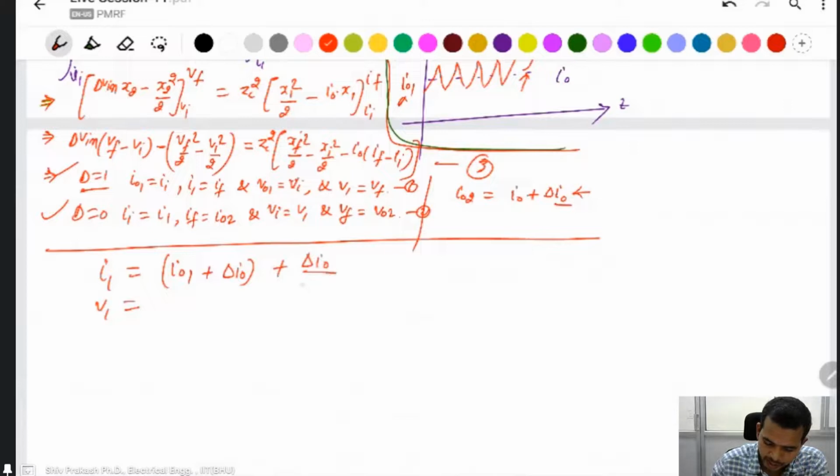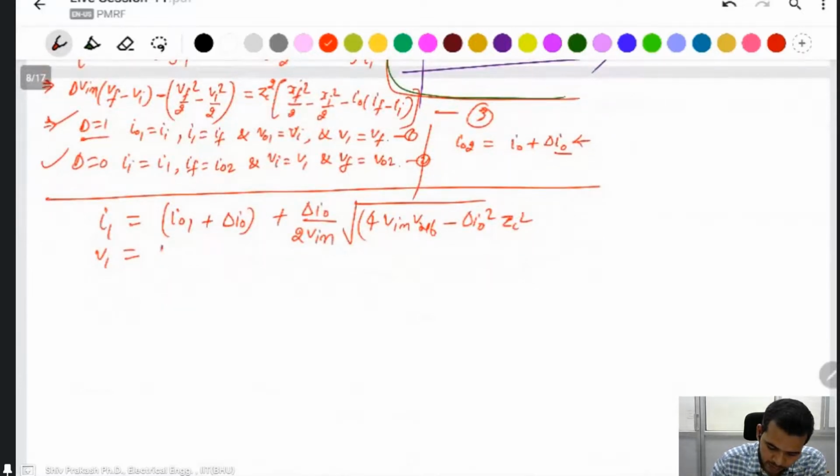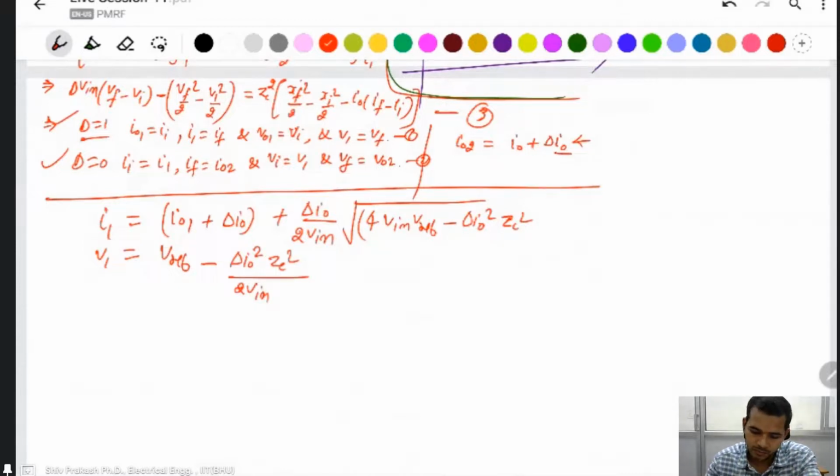I will write it directly from NPTEL: for V in V1, V reference minus delta I0, that's square 2V. Once we find I1 and V1, do this.